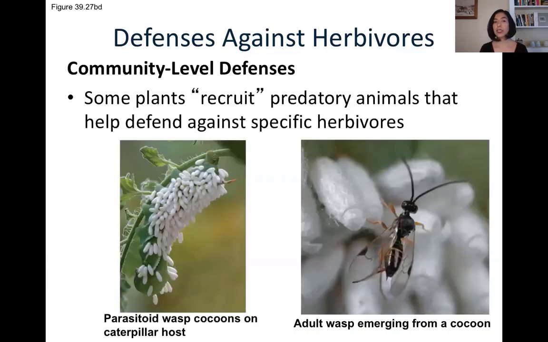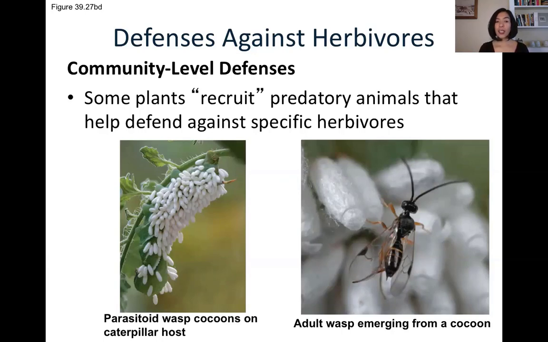Another one, which is the community level defense, involves the larvae that was eating my potato plant. So these larvae, as I was mentioning before, will eat plants in the Solanaceae family, and they will process this nicotine, and the nicotine will confer defense against other predators that will eat these larvae.